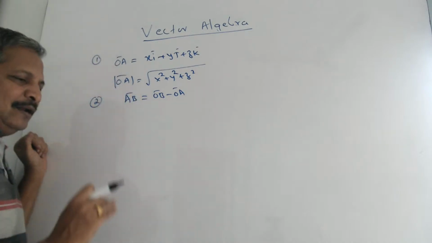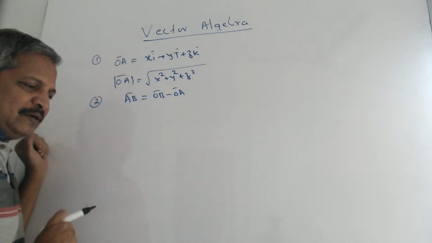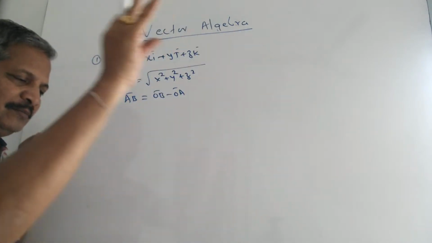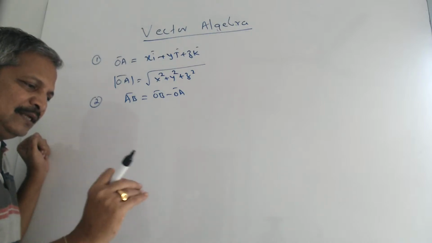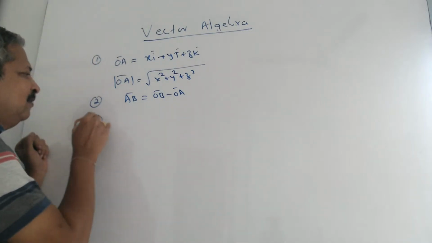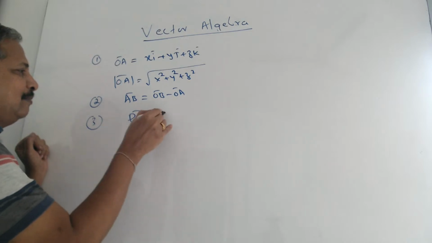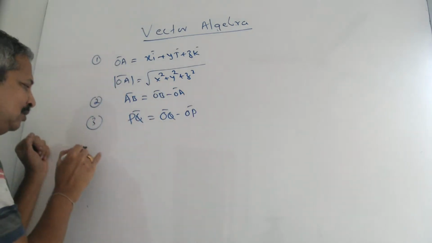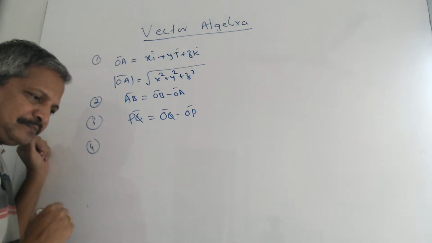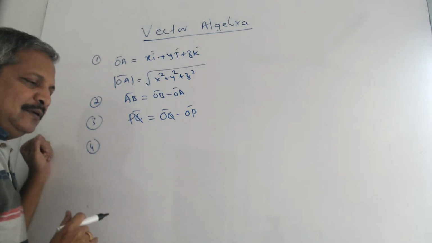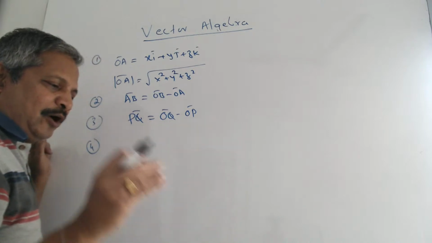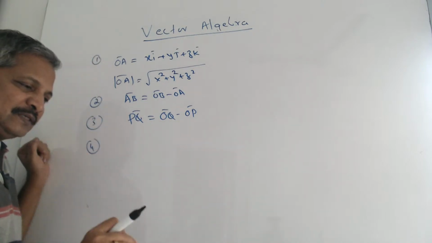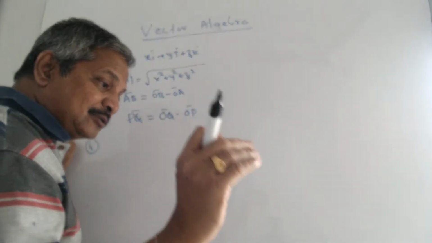Now, AB bar, from the triangle of vectors, is OB bar minus OA bar. That you have to remember. To get an idea, PQ bar means OQ bar minus OP bar. Next, all vector algebra points, or position vectors, also follow coordinate geometry.